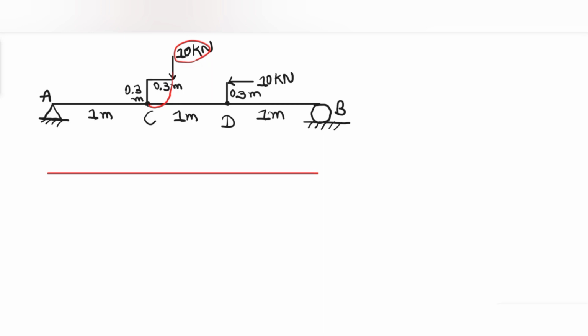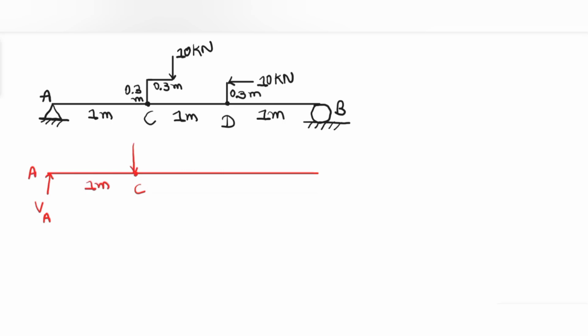Firstly, we'll just resolve this. The 10 kilonewton load will act at point C, and 10 into 0.3 moment will also act at C. At A and B, we are having the reactions, which are VA and VB.